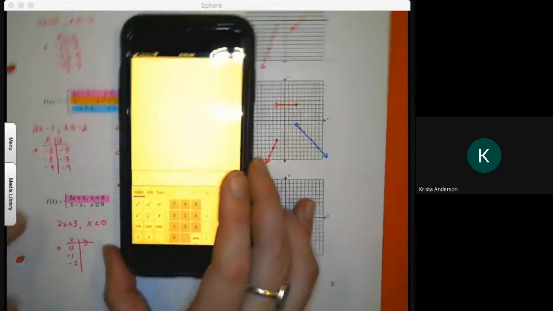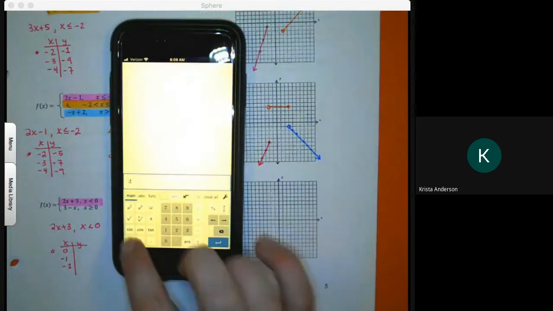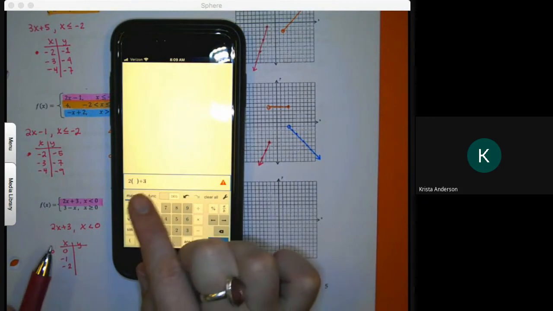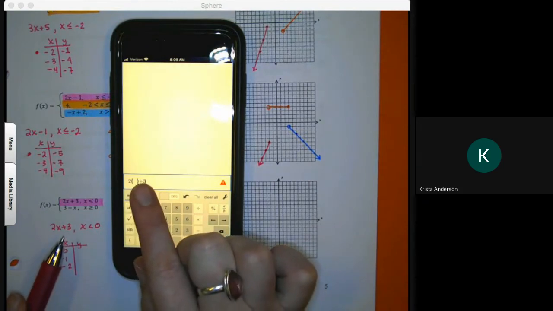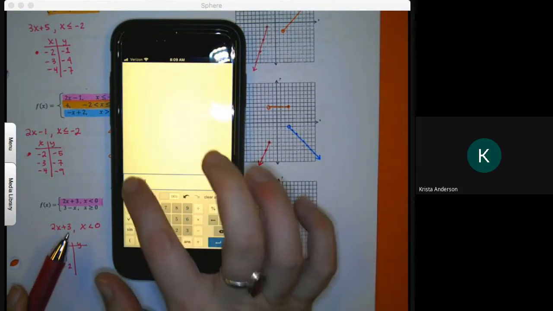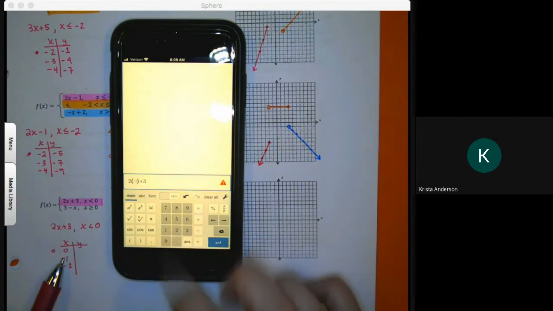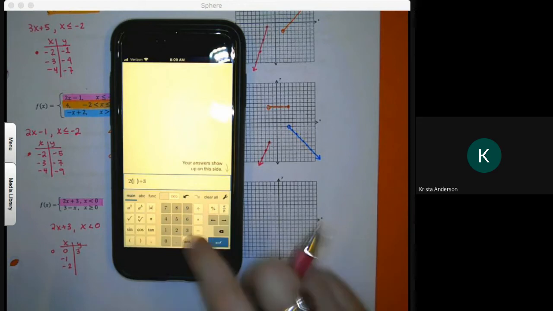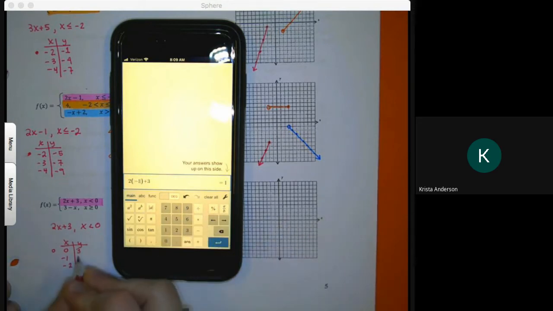If you are struggling to follow along when I plug numbers in, you would just type in your equation, 2x plus 3, replace the x with a 0, then replace it with a -1, then replace it with a -2. You don't have to do it in your head.